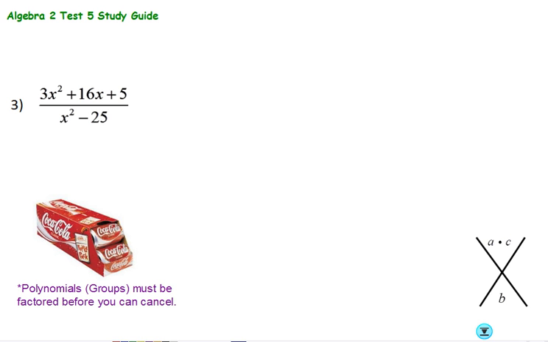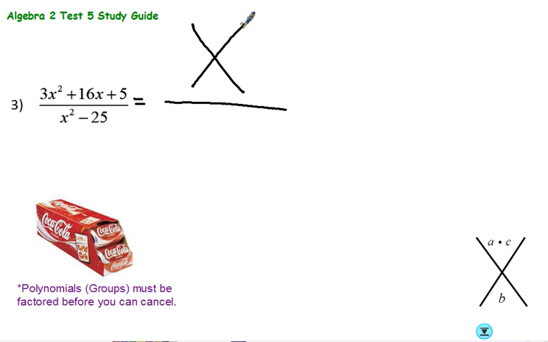So again, we're dealing with groups here, and we said that just like our 12-pack of Coke, we can't go in there and rip one of them out. So in that same way, I can't just start canceling. I can't say, oh, 5 goes into 25 5 times. I cannot start doing that because it's a group. So I must factor first, and I'll give you another way to organize the work.